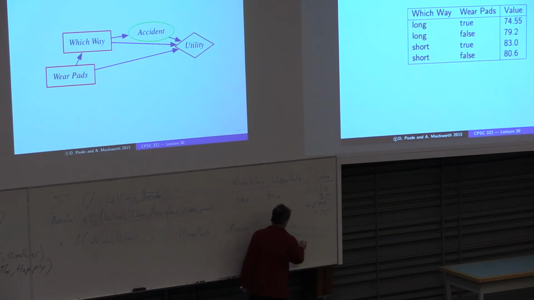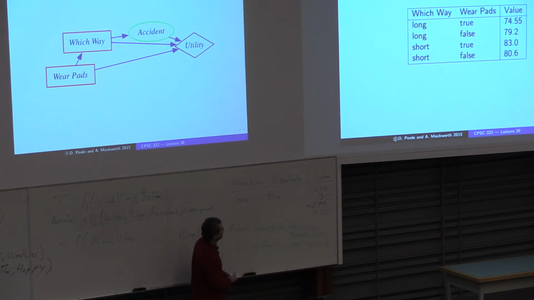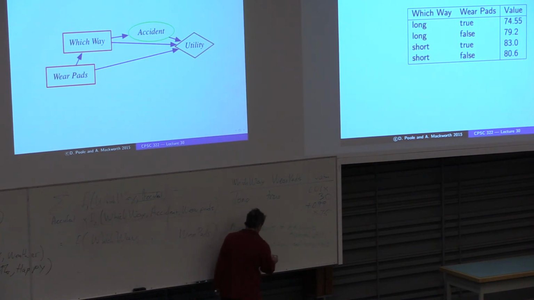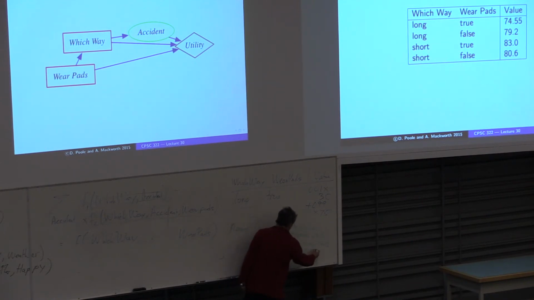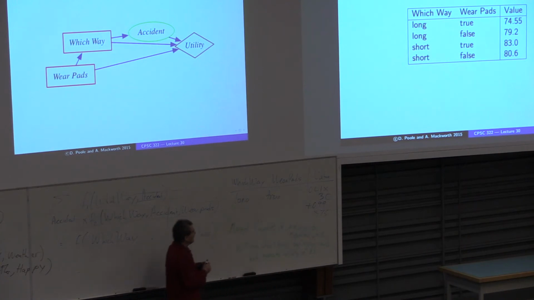And the expected utility is 83. Because summing out all those other variables just gives us the expected value. Right? It's just the sum of the probabilities and the utilities.